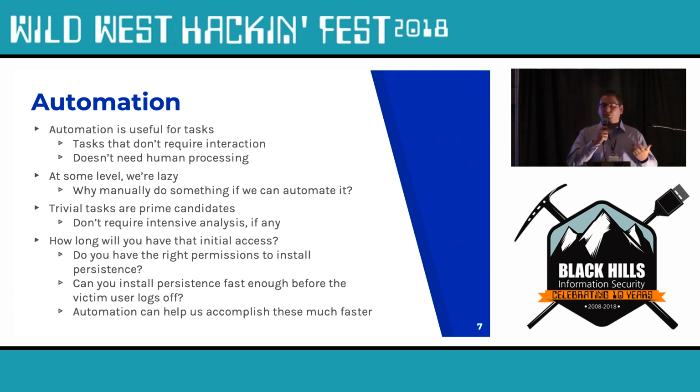I'm going to script that out and develop some sort of automated capability that will do it for me. Trivial tasks are prime candidates for automation. If it doesn't require any sort of analysis and it's something you always do, maybe when you first compromise a system, or after you've captured credentials, let's automate that capability so it just runs in the background. You know it's going to work, and you can just leave it be and let the computer handle it.